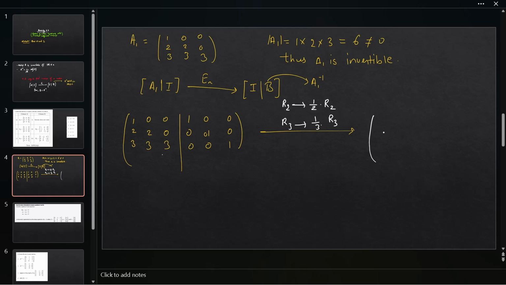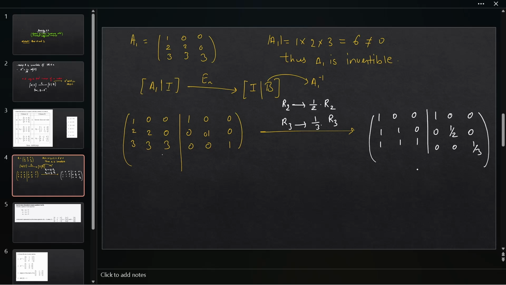So what would happen now? It will become 1, 2, 3, 0, 1, 1.5, and 0, 0, 1. The same operations performed on I would result in 1, 0, 0, 0, half, 0, and 0, 0, 1 by 3.